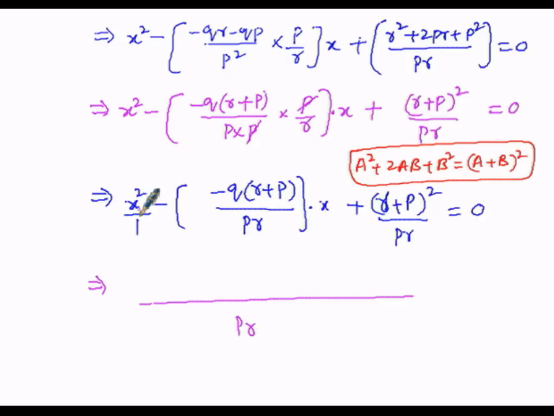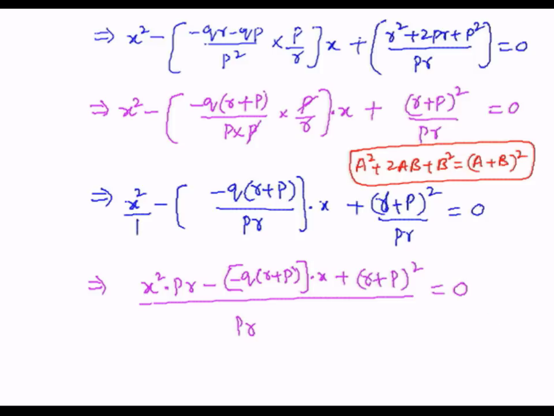Here x square numerator must be written as it is, one number of times is pr times minus, whereas in the numerator, here pr gets cancelled, only the numerator minus q into r plus p is left over, then square bracket closed into x plus, pr gets cancelled, just r plus p whole square is left over, equals 0.